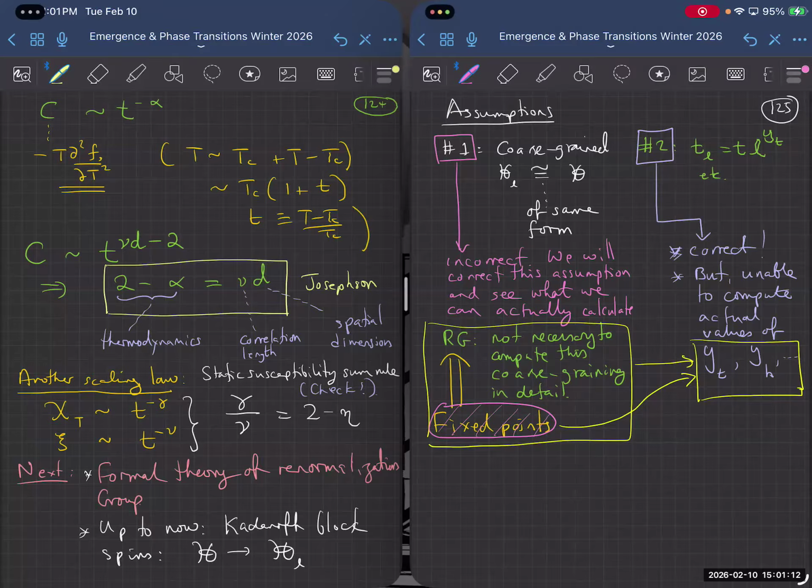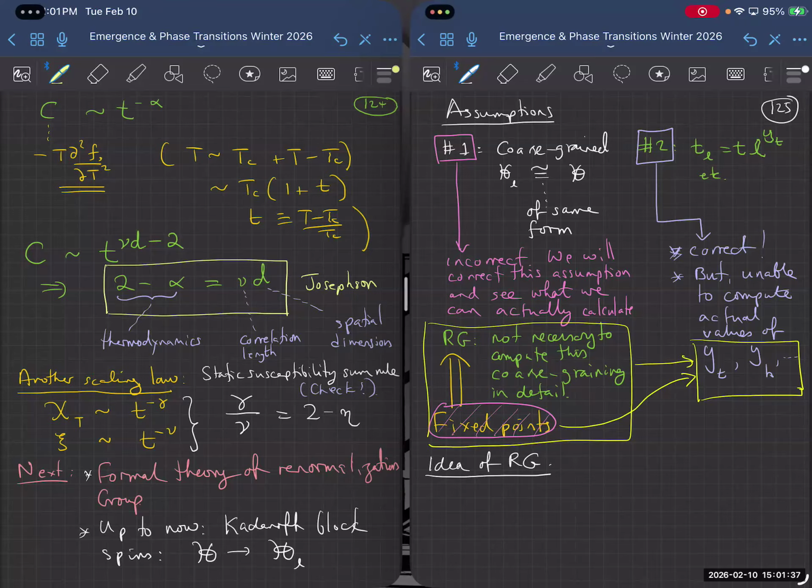Okay, so what is the idea? So the idea of the renormalization group is that we're not going to make the first assumption. So we're going to write a more general assumption.